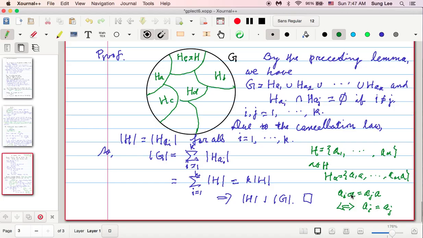What this shows us is that the right coset Ha has exactly the same number of elements as H. So that's a reminder. I'm going to put a box around it.